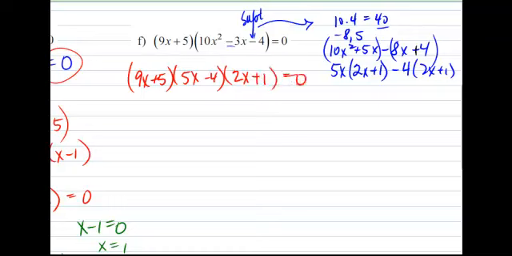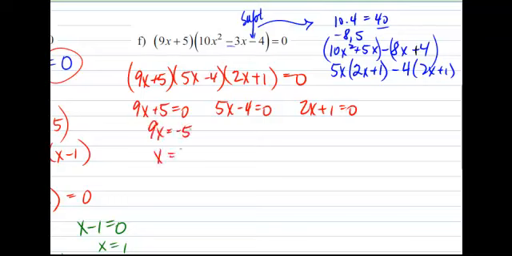Really, all I've come up with now are 3 separate equations that I need to solve for x. The first one is 9x plus 5 equals 0, 5x minus 4 equals 0, and 2x plus 1 equals 0. So, solving for each one, I get x is equal to negative 5/9.